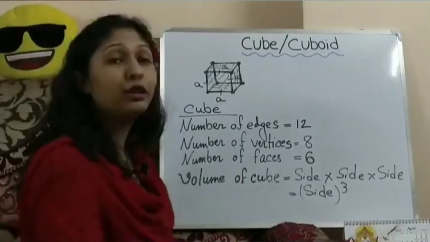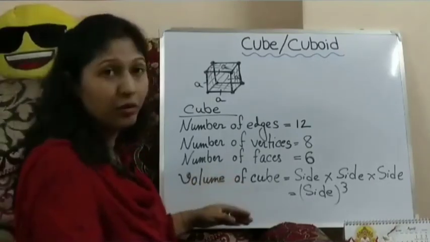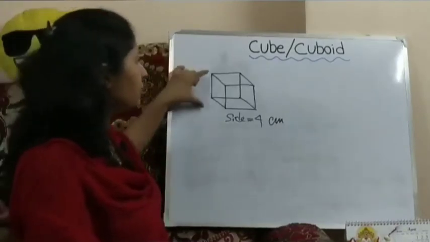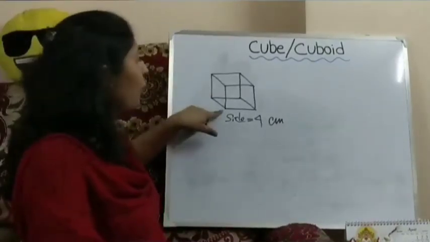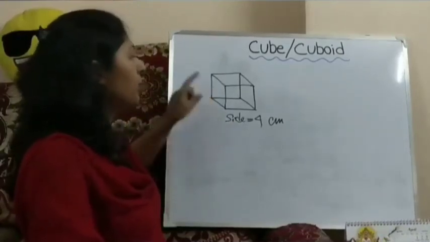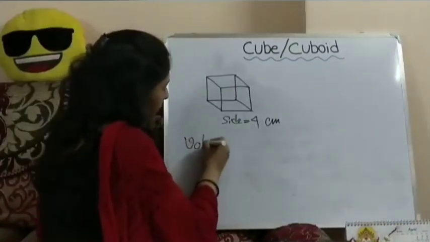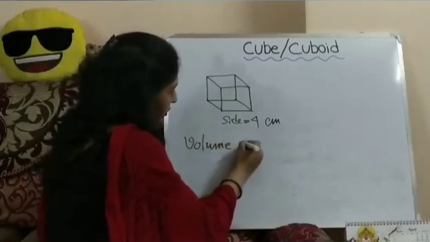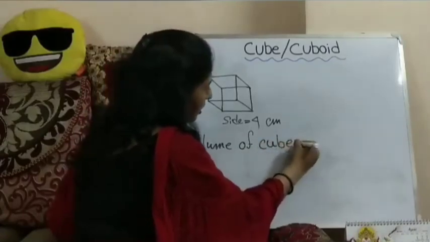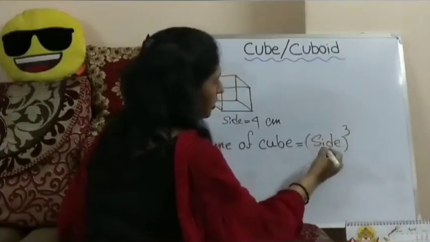So now I am going to show you one example how to find out volume of a cube as a problem sum. Here I drew one cube where all sides are 4 centimeter. So how we will find out the volume of this cube? So I write here volume of cube equal to side cube.